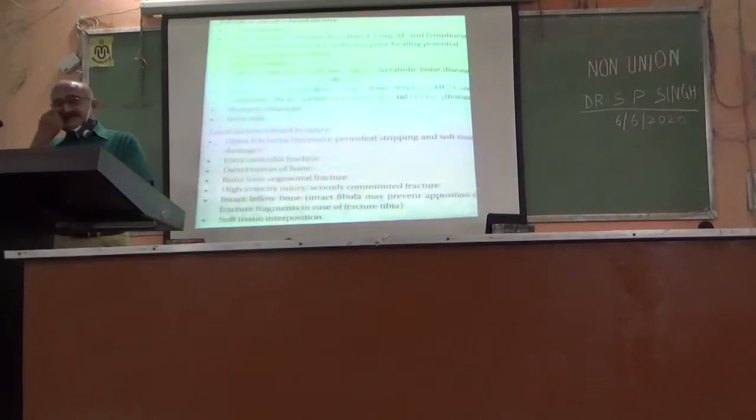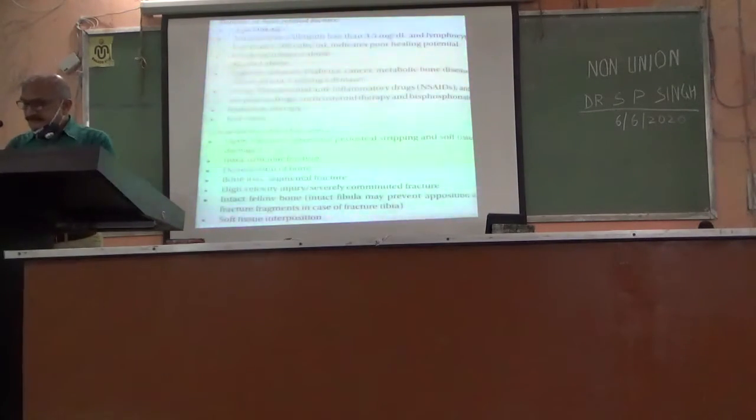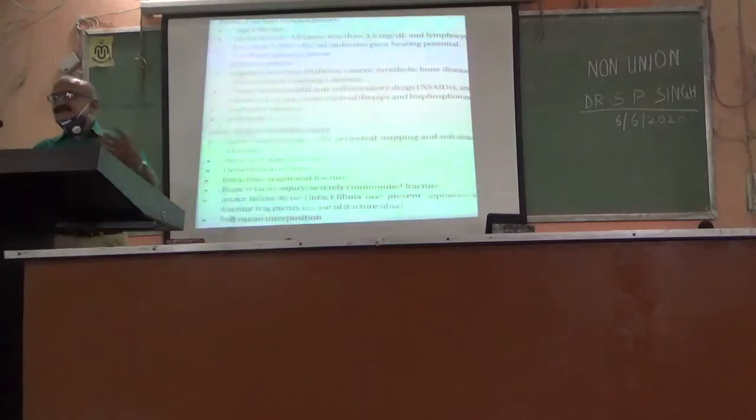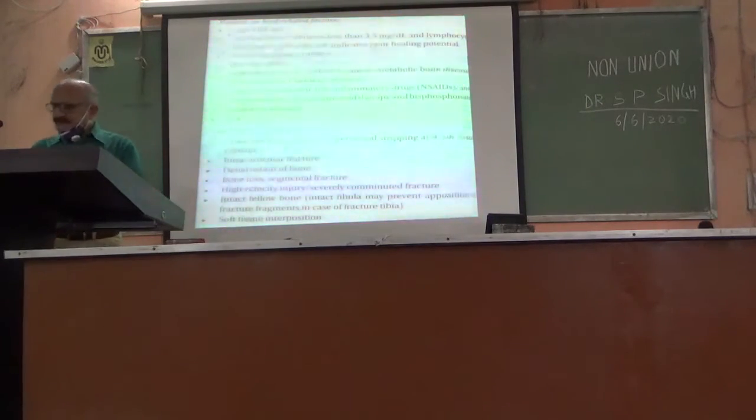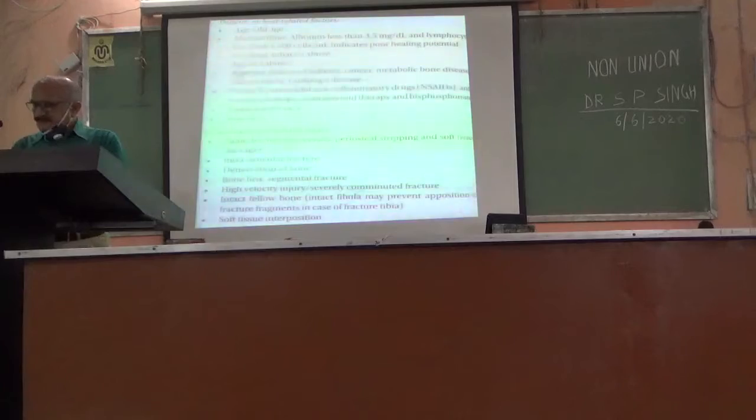That is very deleterious for a bone to unite. Alcohol abuse, or for that matter any type of substance abuse, is leading us to non-union. Systemic disease: diabetes, cancer, metabolic bone disease, osteomalacia, diseases like this.